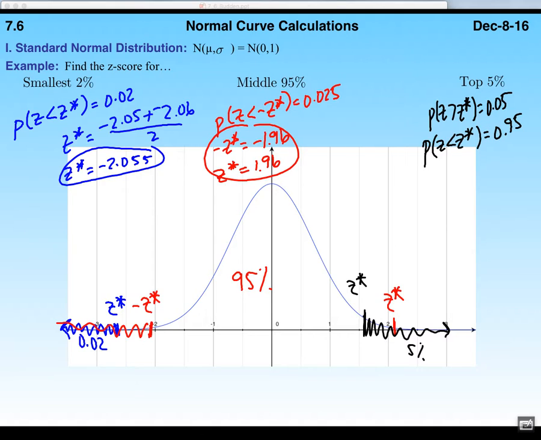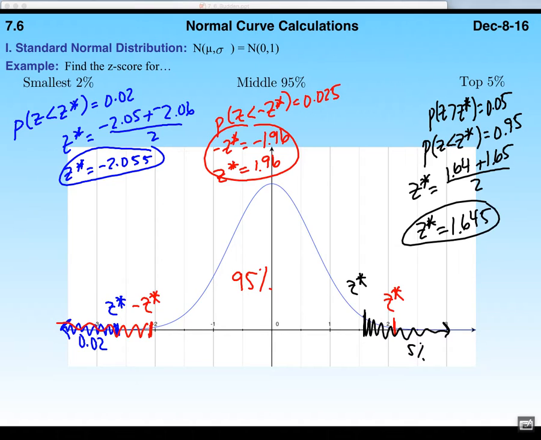I have 1.64 and 1.65, between the two. So z star is the average of 1.64 and 1.65, about 1.645.